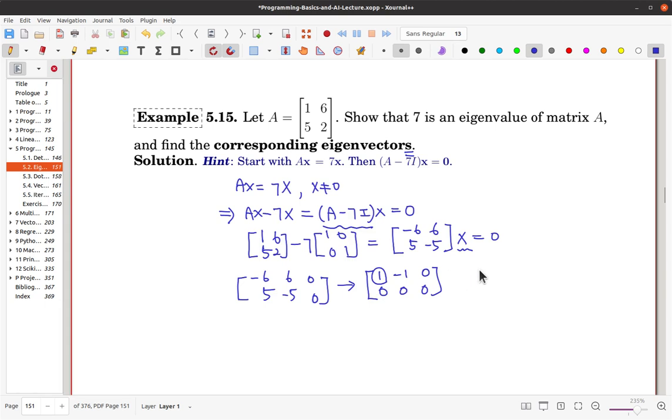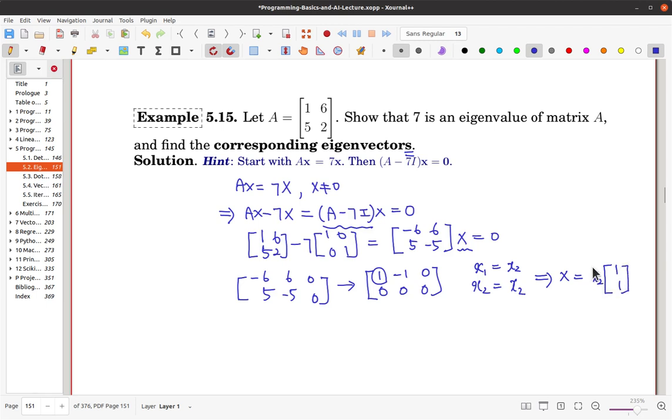The first row says x1 minus x2 equals 0, so x1 is the same as x2. x2 is free, so the left-hand side x is x2 times the direction 1 and 1.